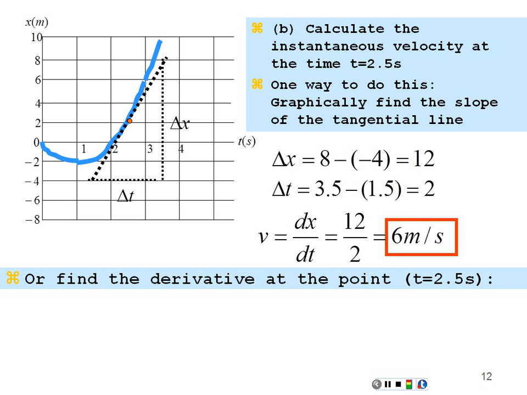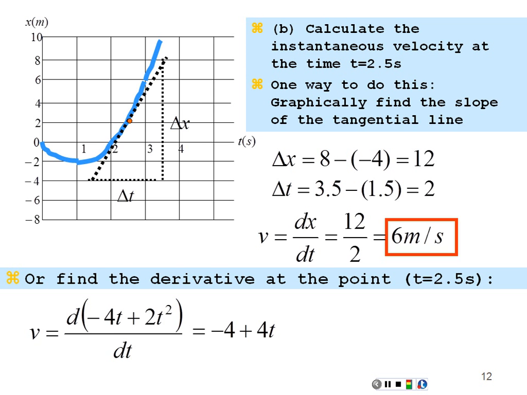Another way I could find my instantaneous velocity is to take the derivative of my position. My position was described as negative 4t plus 2t squared. If I take the derivative of negative 4t, I'll just get negative 4. And the derivative of 2t squared, decrement the power, I'll get 4t. So my velocity for all time is negative 4 plus 4t.